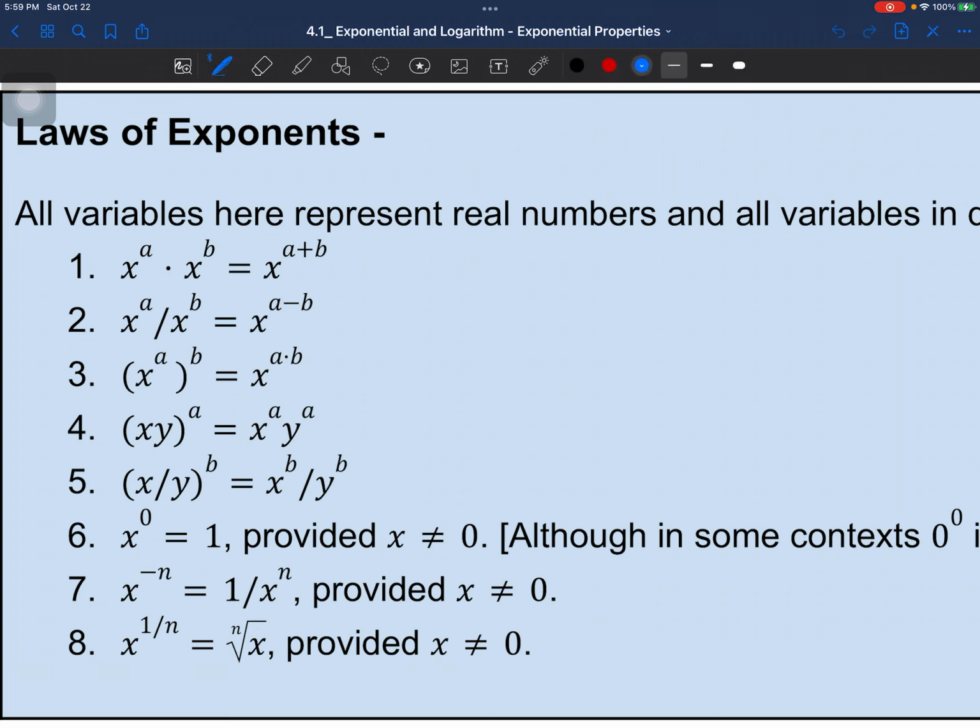When you have a division of the same variable, the exponents are subtracted, a minus b. A consequence of this, maybe not mentioned here but important as well, is that it came from the idea that you have x to the a over x to the b, and this gives us x to the a minus b over 1.